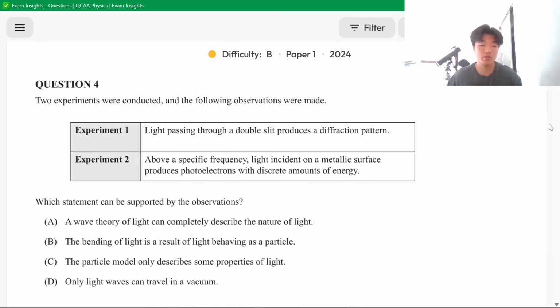And it is. Two experiments were conducted, and the following observations were made. Experiment 1, light passing through a double slit. So this is describing Young's double slit experiment. Produces a diffraction pattern. So that supports the wave model of light. Haven't I done these questions before?